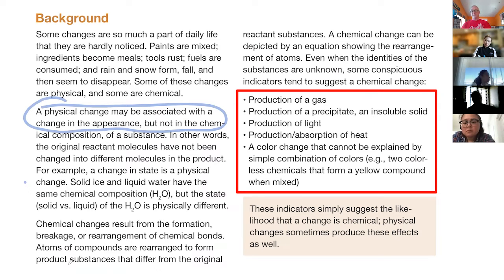And some of these things to look for are sort of telltale signs, like the production of a gas, for instance. And that would have been shown when we do what's called electrolysis of water, adding electricity to water. If we put electrons in, that breaks the bonds in water, and then we form new bonds in the hydrogen and oxygen.